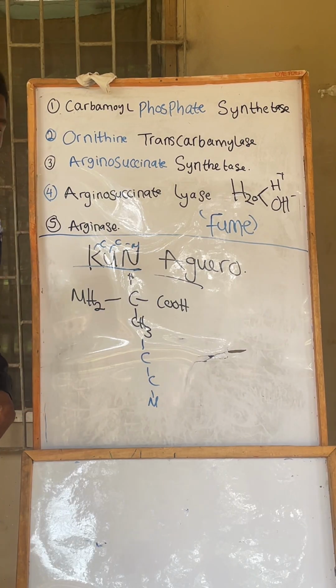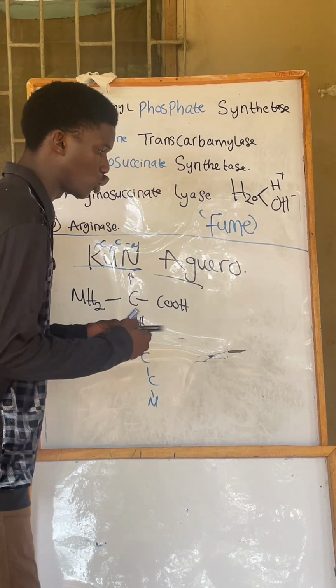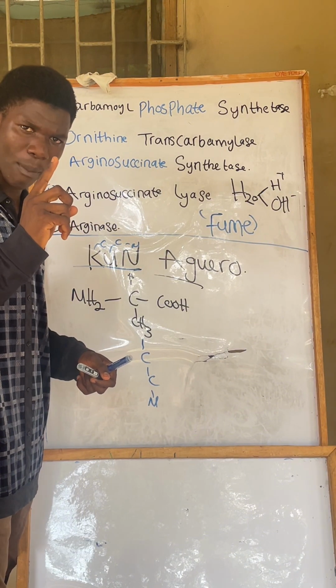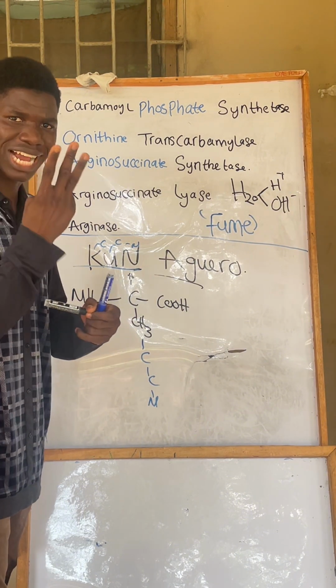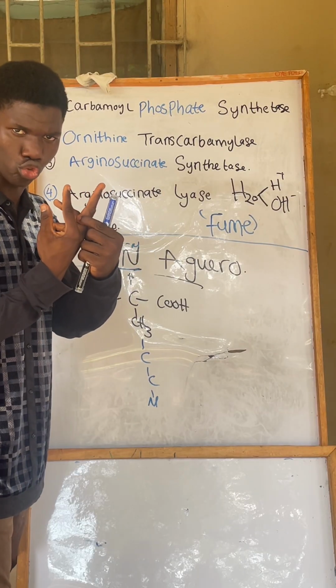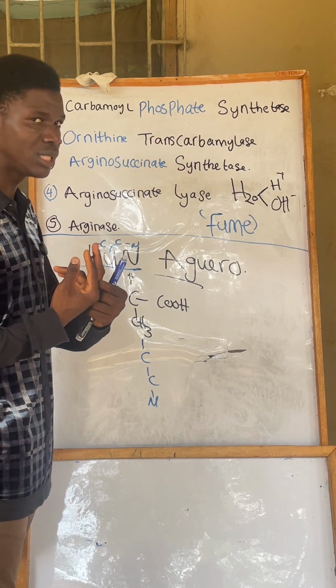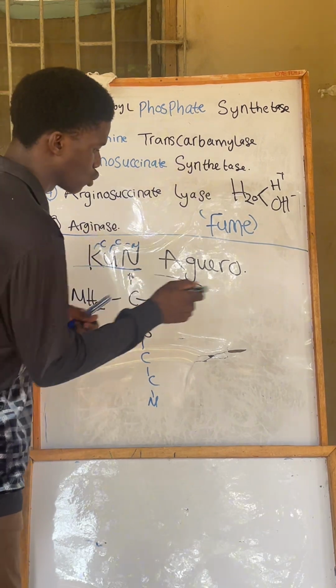And don't forget the structure of your urea. Your urea has how many carbon? One carbon. How many nitrogen? Two nitrogen. The carbon is between the two nitrogen, and the carbon is carrying an oxygen. So this is our urea.